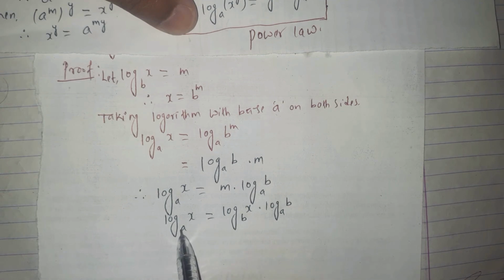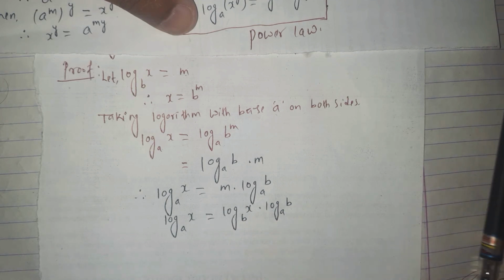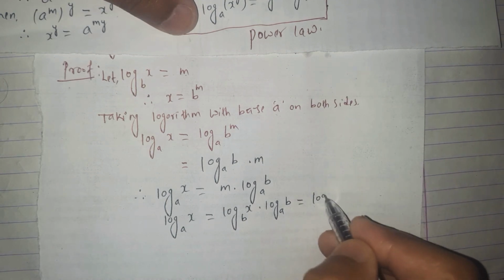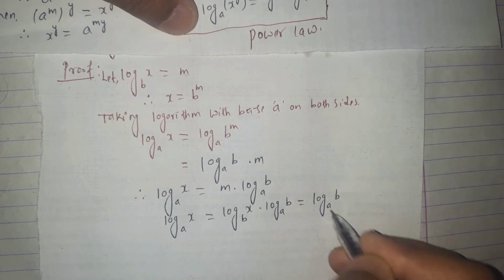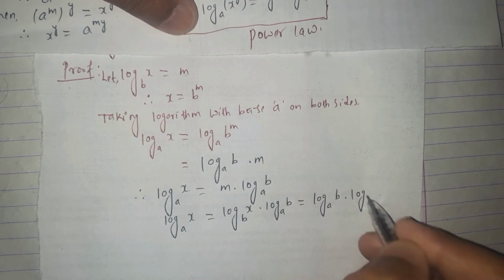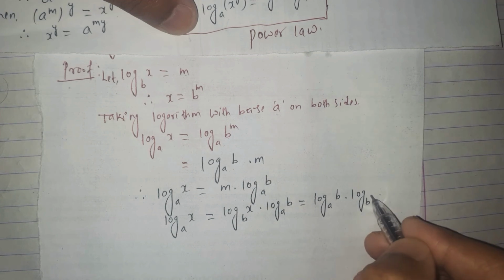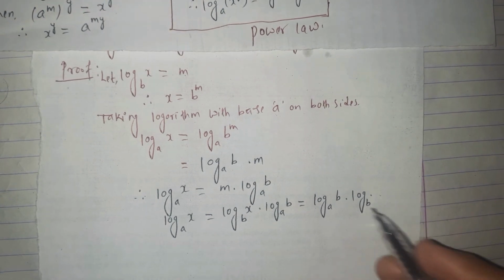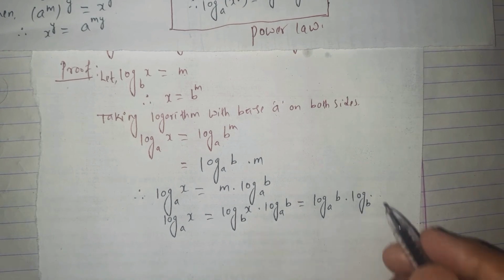This can be written in a very simplified form: log of b with base a times log of x with base b.